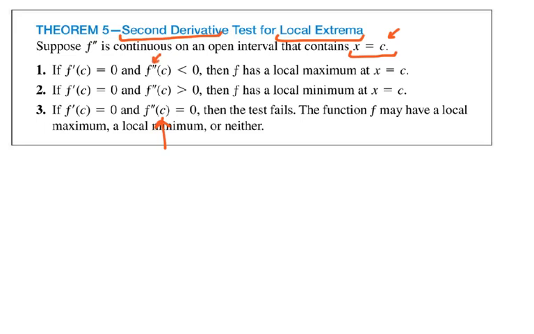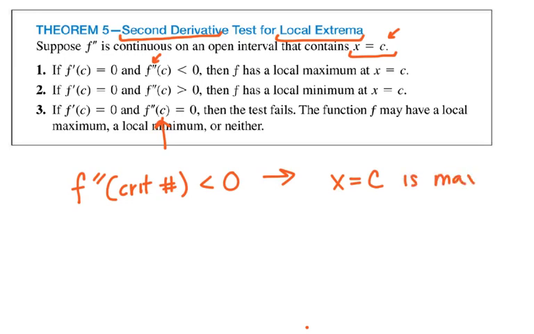If the second derivative, f double prime of that critical number, is negative, then x equals c is a max. And so you'd think negative, that should be min. But if the second derivative is negative at the critical number, we can prove that it's a max.